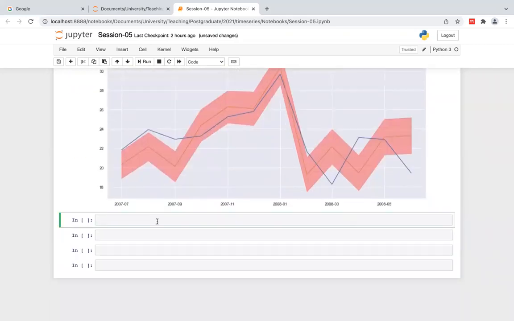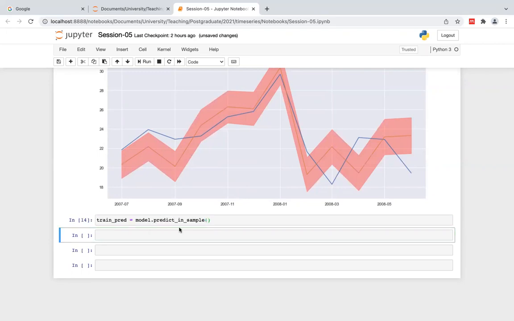Then let's see what happened to the training data. Then I get the train prediction, right? Then with the model, I'm going to predict for, sorry, I don't want this because it's already there. Then predict in sample, I can call this function simply.